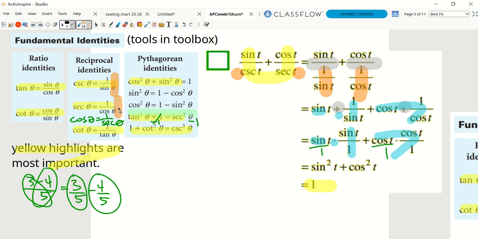Yeah? Okay. Now, grays mean divide, so divide, divide. Keep, change, flip becomes this, blue, blue. Are we good, folks? What's sine times sine, everyone? Sine squared. What's cosine times cosine? Sine squared plus cosine squared is 1. Does that make sense, folks?